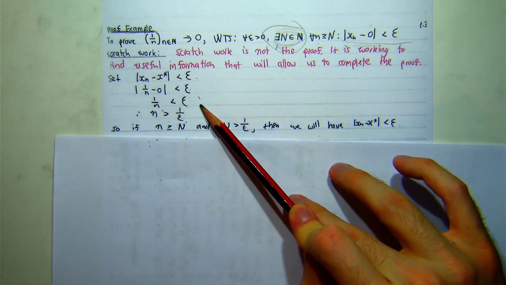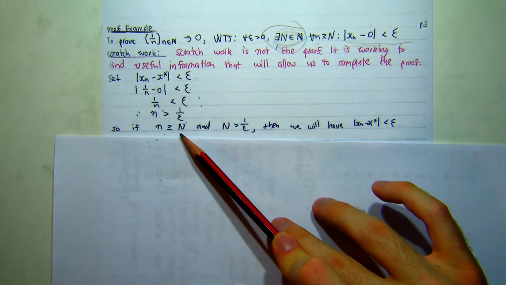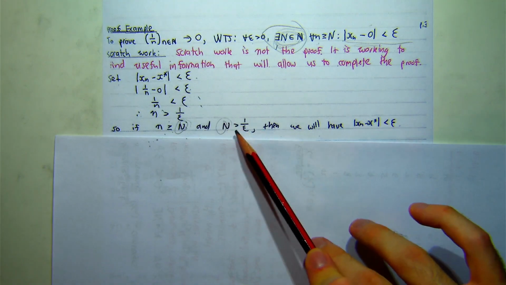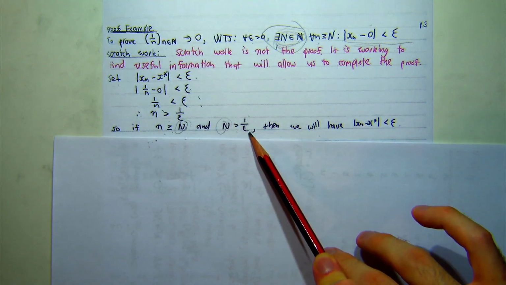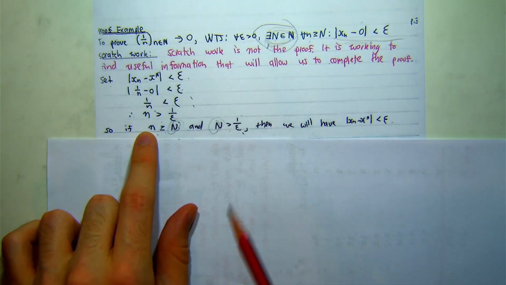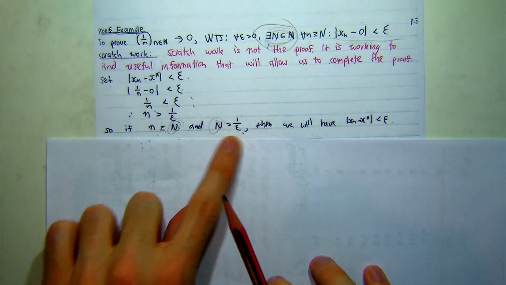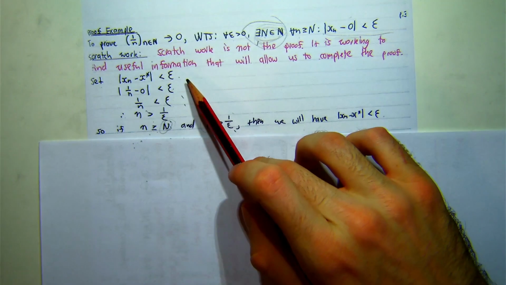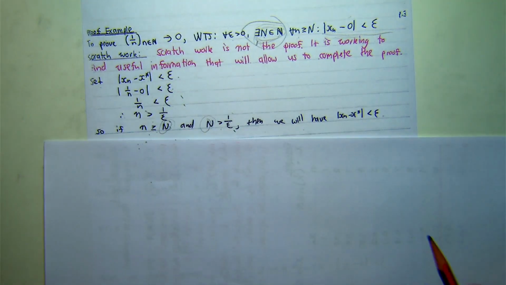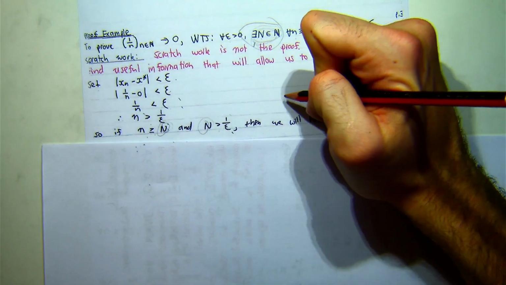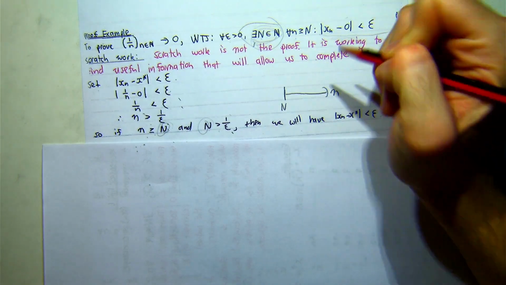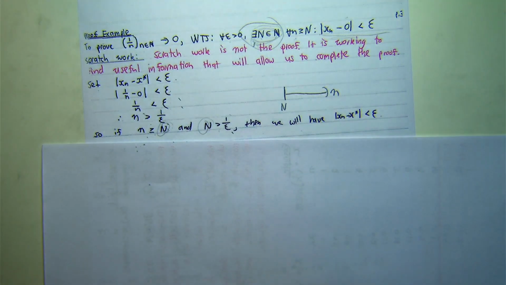And then if n is greater or equal to the point we're looking at, and then the point we're looking at is greater or equal to 1 on epsilon, then we have this being bigger than this, which is bigger than this, which working backwards achieves our definition that we're looking for. So essentially we're looking for n here. We're going forwards with n bigger than that will satisfy the definition.